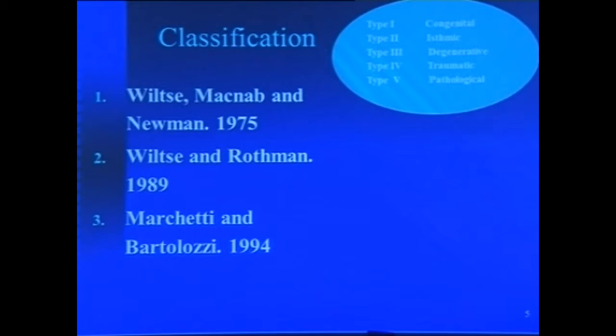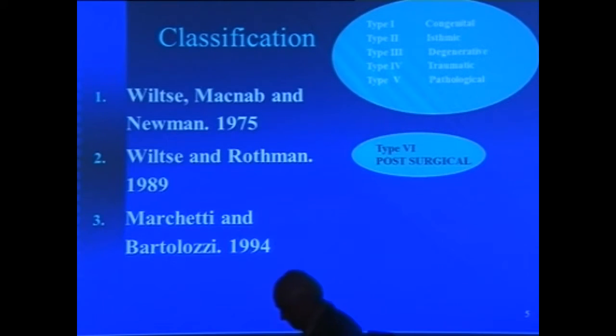Then there was a modification by Wiltse and Rothman, who added another type, known as post-surgical. In these circumstances, with extensive trauma and the surgery which we do, we see many patients with post-surgical spondylolisthesis.